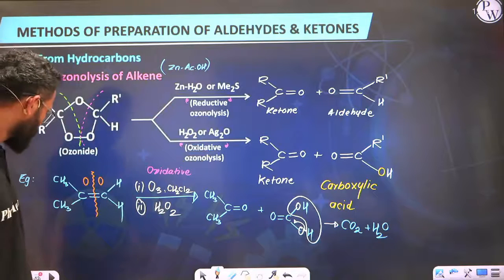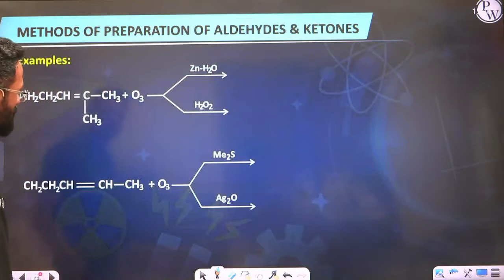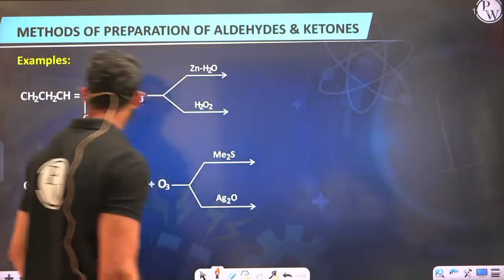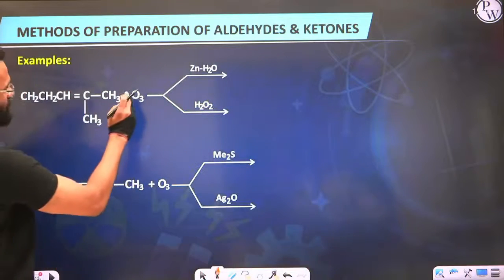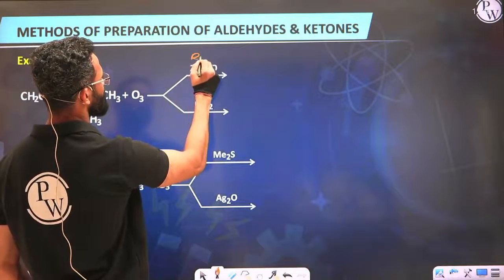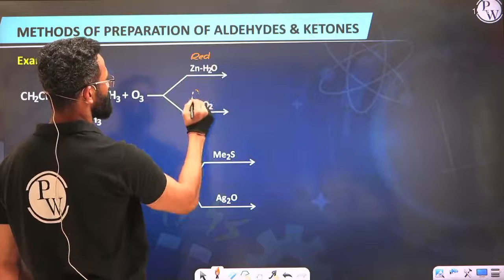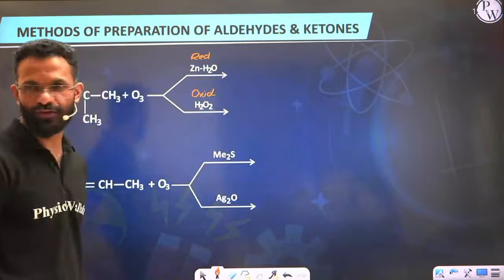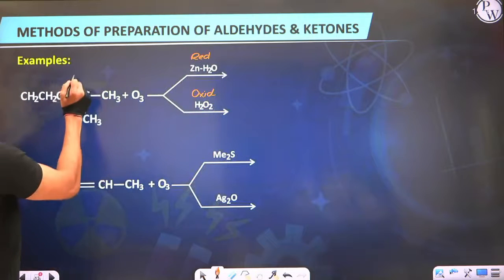Let's see some more questions to have a better idea of the concept. Let's say we have been given this alkene, ozonolysis, zinc in water, which indicates it is reductive condition. H2O2 is oxidative. So what are we going to do? We will break down the bond.